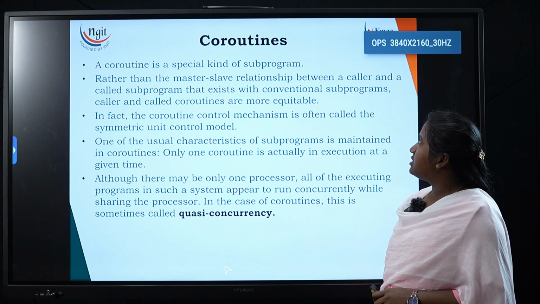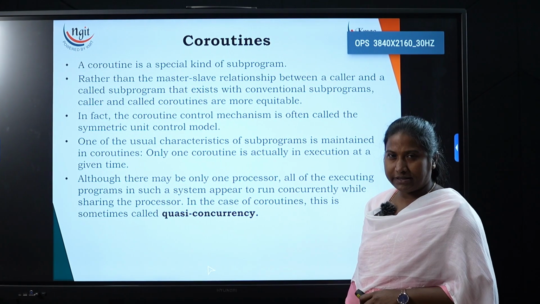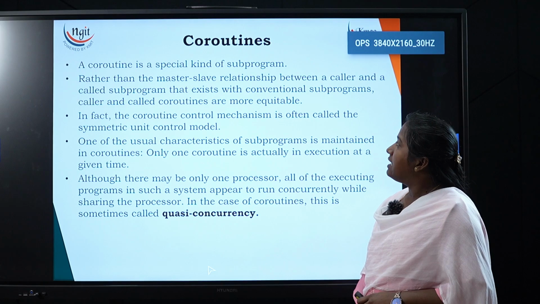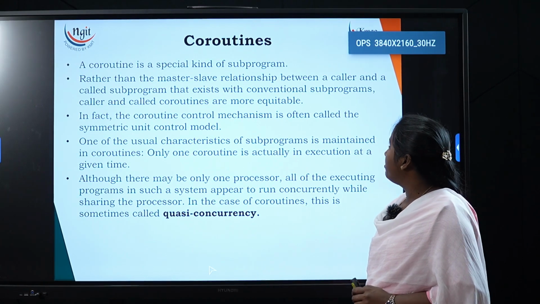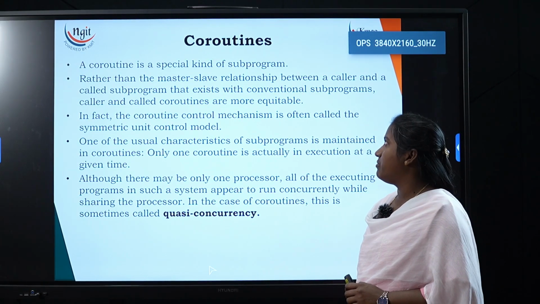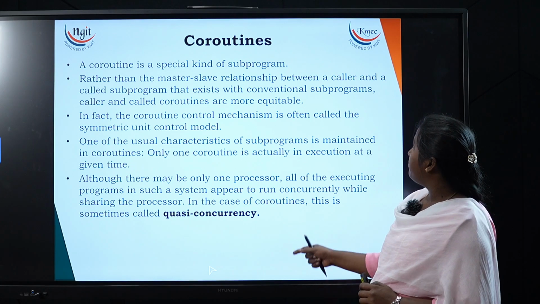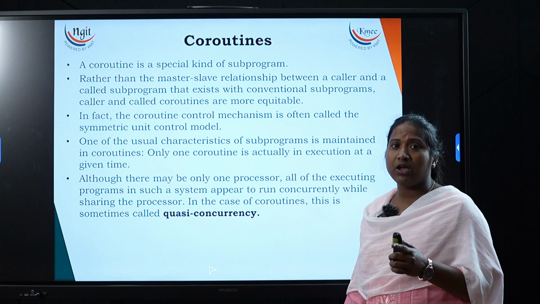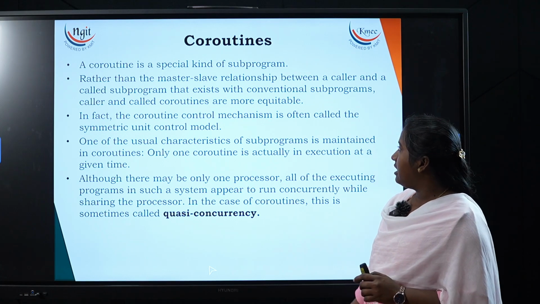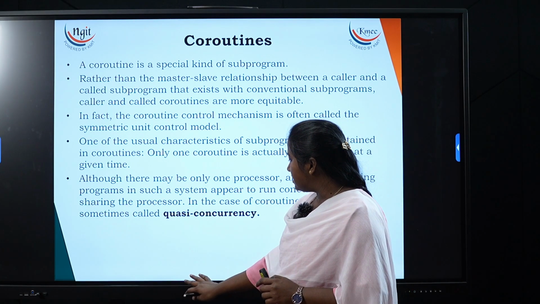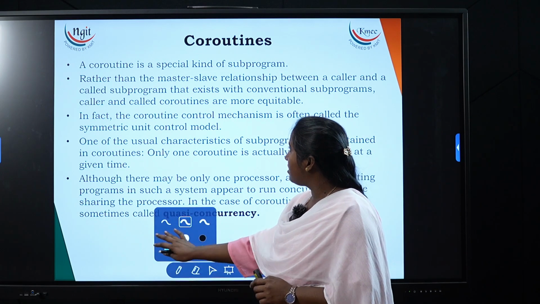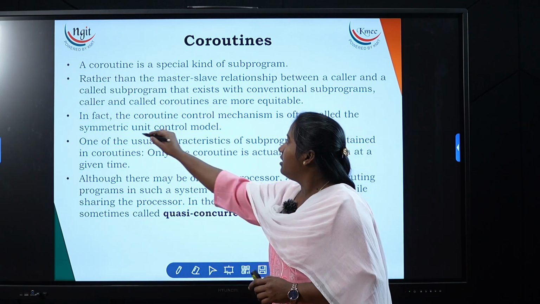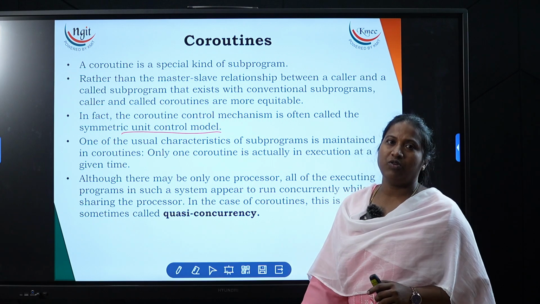A coroutine is a special kind of subprogram, the characteristics we are just gathering. Rather than the master-slave relationship between a caller and a called subprogram that exists with conventional subprograms, caller and callee coroutines are equitable. In fact, the coroutine control mechanism is also called the symmetric unit control model.